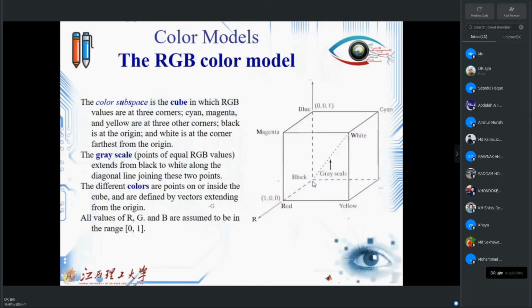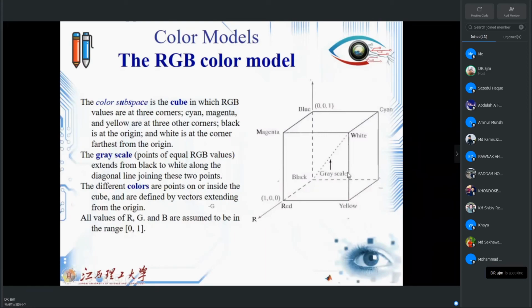The gray scale is the set of points where we have equal values of RGB, meaning the value for gray scale is 1, 1, 1, extending from the black to the white, meaning white is here, black is here. The gray scale is somewhere here, as you will see.